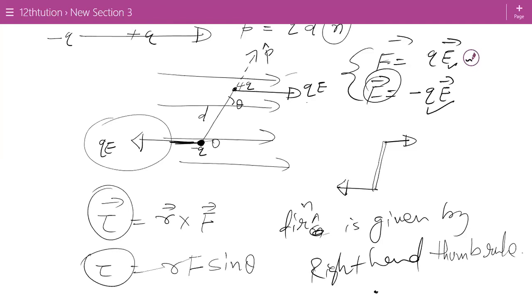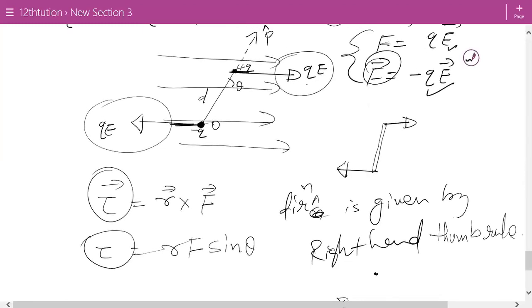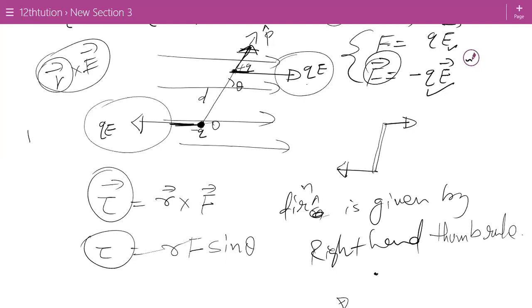But there is this other force, and that distance is not 0, right? This is the origin and this is the force, so the distance between this point and this point is d. As I said, we will extend it. R is the position vector, R cross F. So this R vector will be equal to d p cap, because d is the magnitude and p cap is the direction.